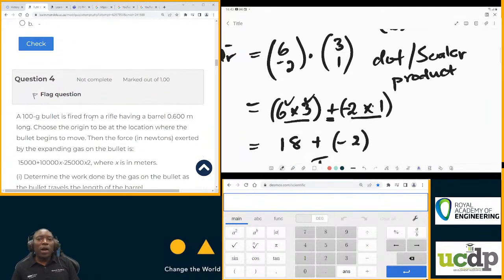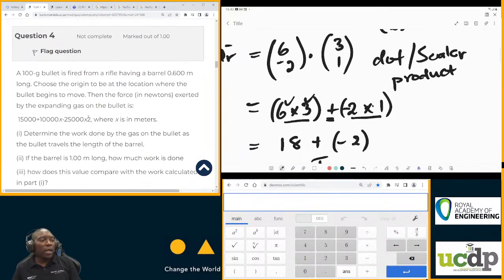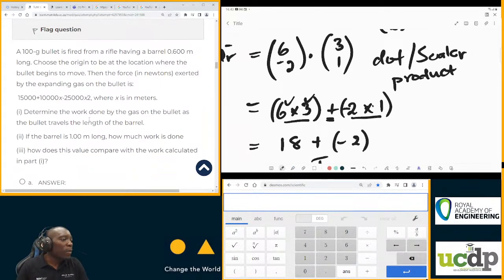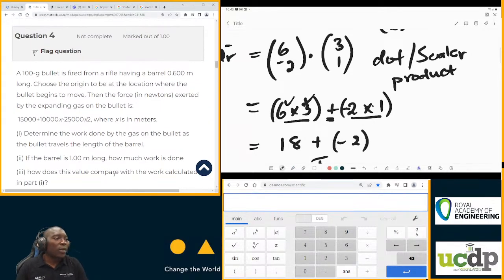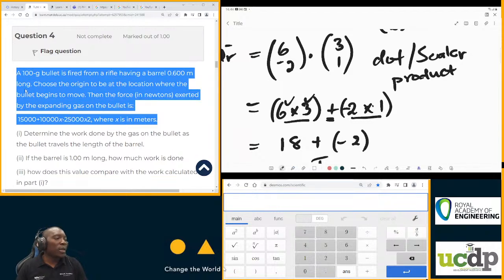Okay, so for our last question for the day. Is this one. A 100-gram bullet is fired from a rifle having a barrel of 0.6 meters long. Choose the origin to be at the location where the bullet begins to move.